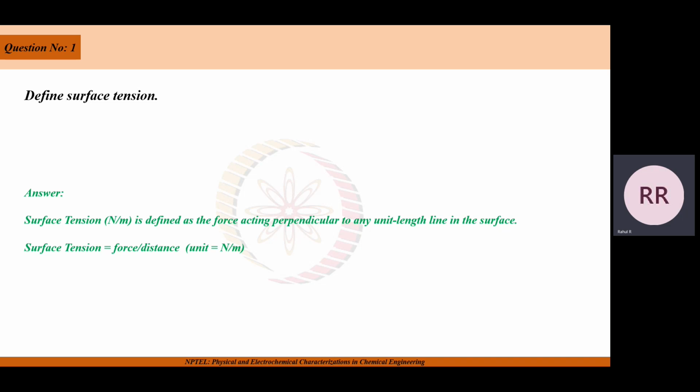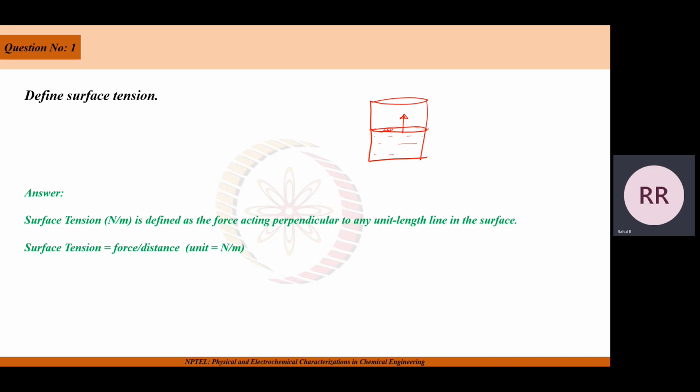For example, you have a container, and you have water up to this level. So this is the water. Surface tension is defined as the force acting perpendicular to unit length at the surface.